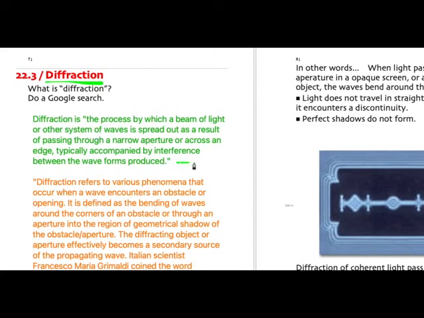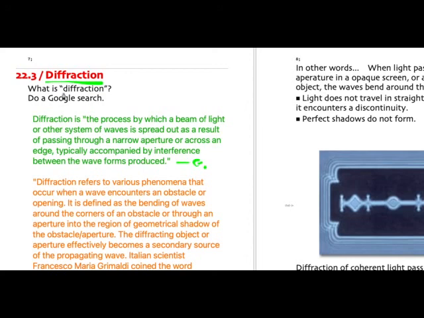So this is just a quotation from Google. Diffraction is the process by which a beam of light or other system of waves is spread out as a result of passing through a narrow aperture or across an edge, typically accompanied by interference between the waveforms produced.